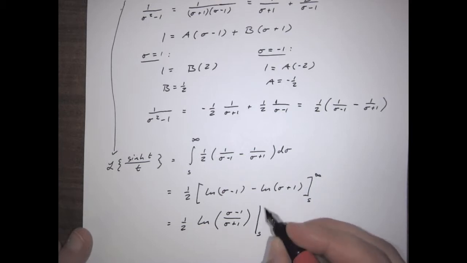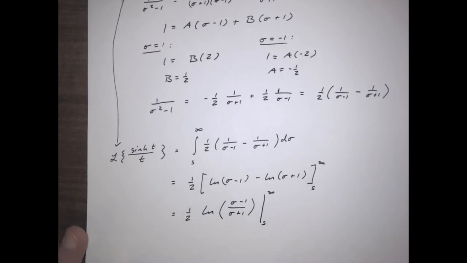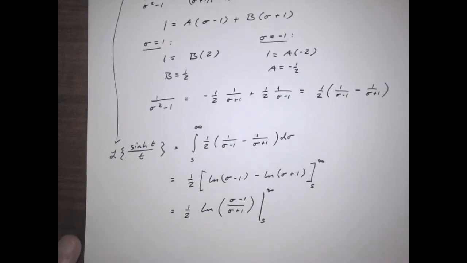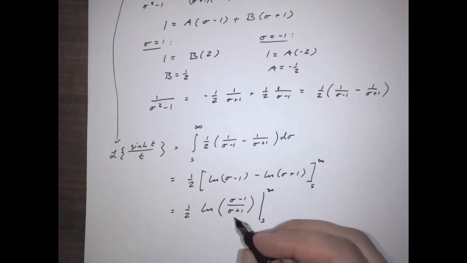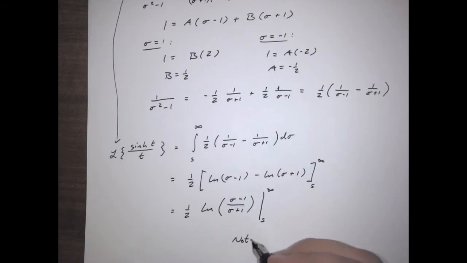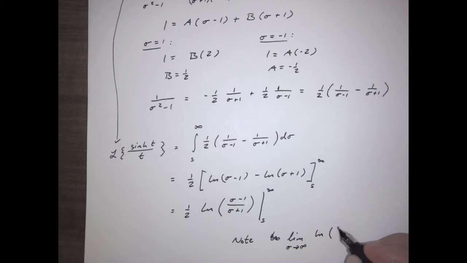from s to infinity. But the natural log of sigma minus 1 over sigma plus 1 will go to 1 as this goes to infinity. Note: the limit as sigma goes to infinity of ln of sigma minus 1 over sigma plus 1 is equal to ln of 1, which equals 0.